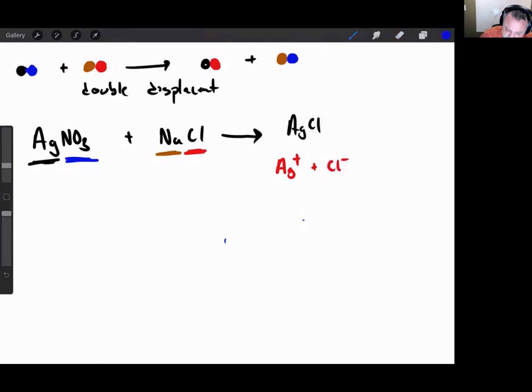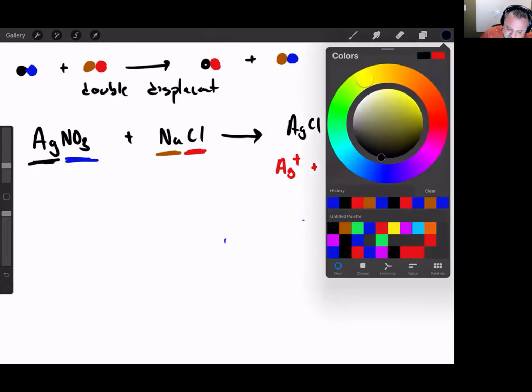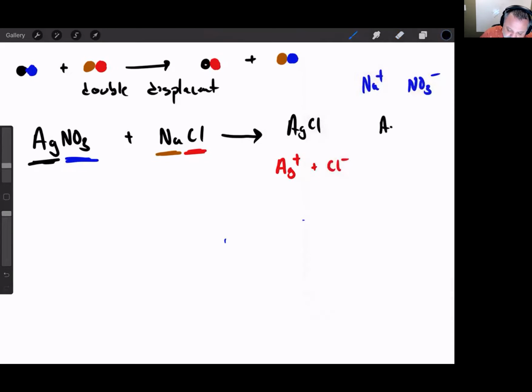I'll have a sodium ion get together with a nitrate ion, and so I have to write the formula down. Sodium nitrate.